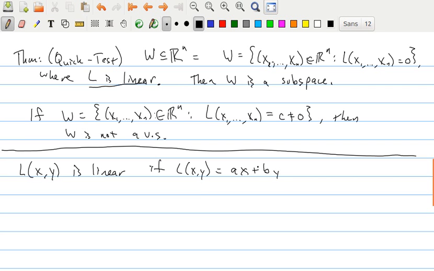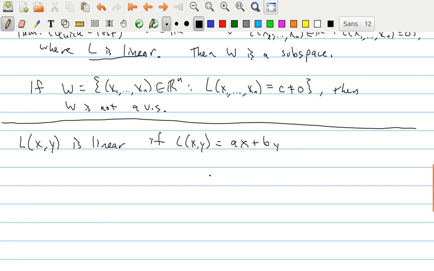So think of this like solving a linear equation. We're only allowed to have each of the variables to the first power, and there is no constant term in here. It's ax plus by. If you plug 0, 0 into this function, the value has to be 0 in order for this to be linear.